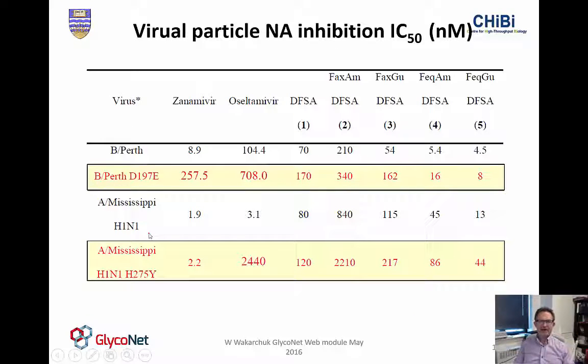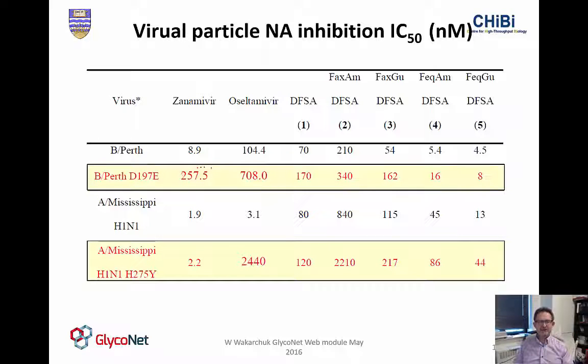If we look at a table that was published in that Science paper showing inhibition of the viral neuraminidase on the viral particles, let's just look at 2 that are outlined here with the yellow boxes. We can see that these 2 viruses show resistance to oseltamivir, which is the Tamiflu equivalent.